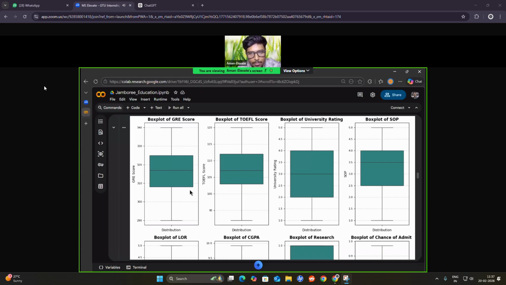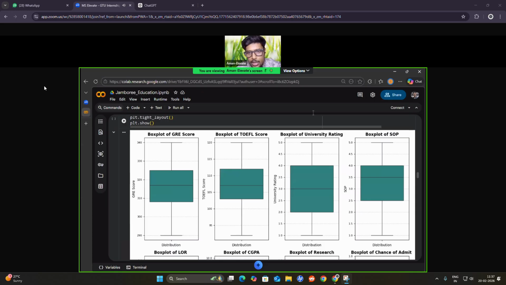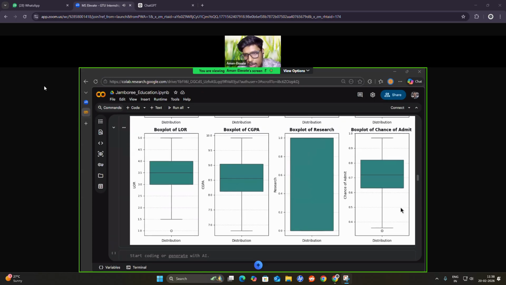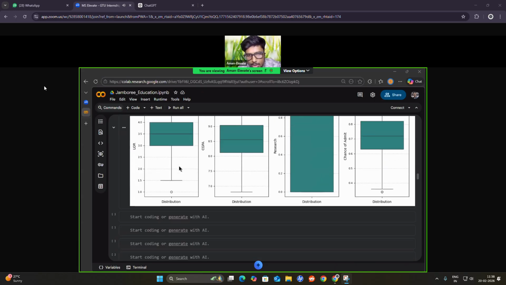Lower bound is Q1 minus 1.5 into IQR. And you can see there are no outliers. There is only one outlier, that is for chance of admit, and yes, one for LOR as well. Otherwise, not as such outliers.